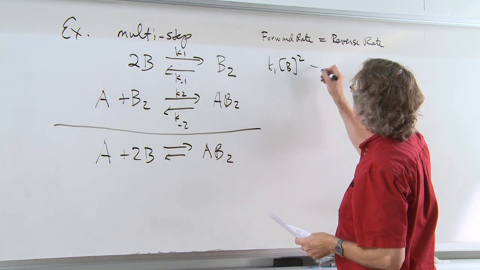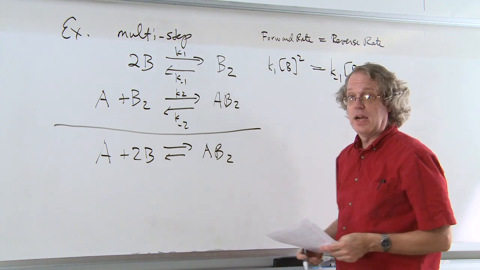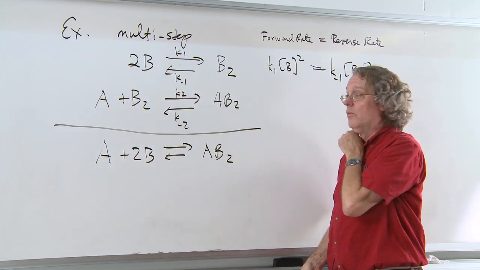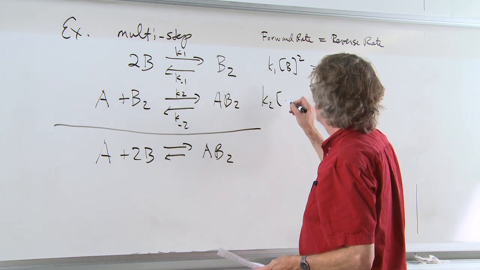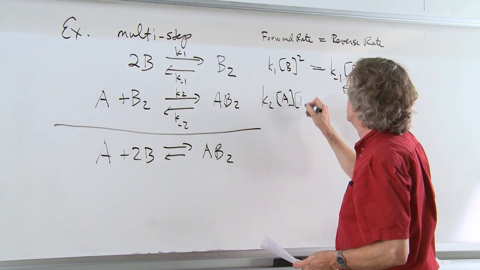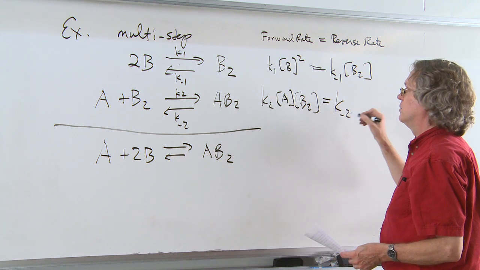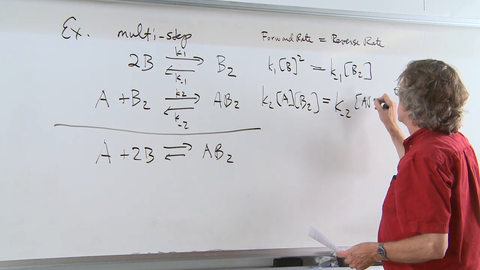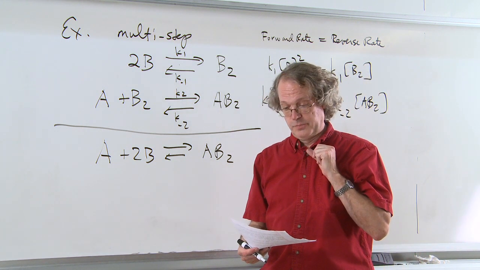That has to be equal to the rate in the reverse direction, k to the minus 1 times B2. We can do the same thing for the second step using the stoichiometry of that step. We see that the forward rate is k2 times A times B2. That's equal to the reverse rate, k to the minus 2 times AB2. So I now have two expressions.